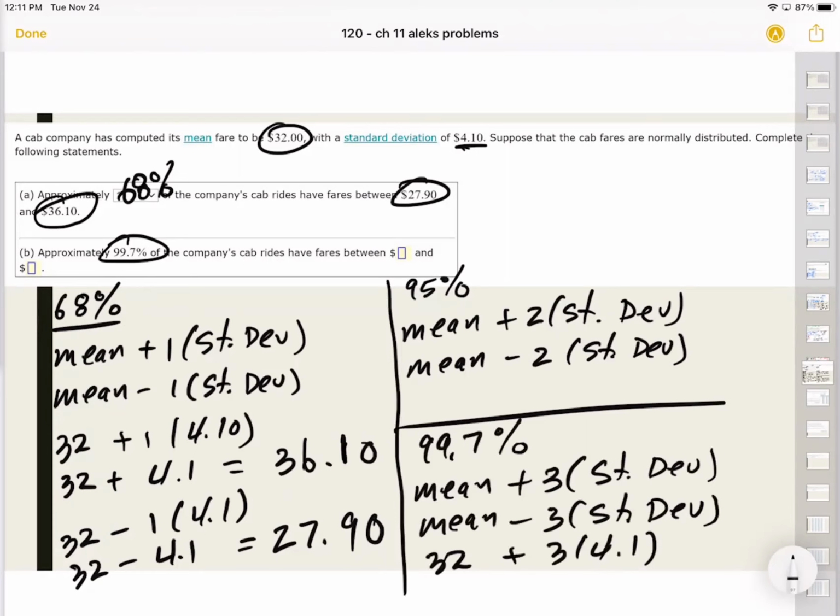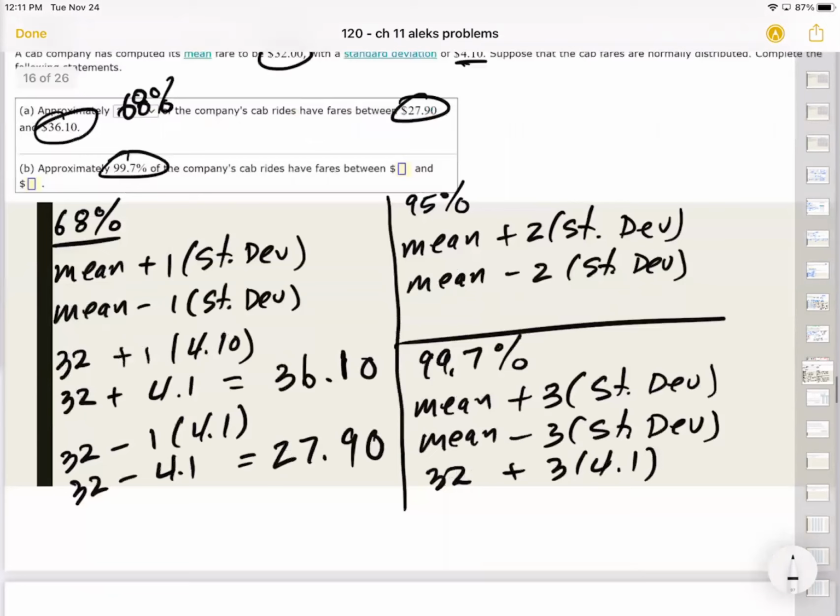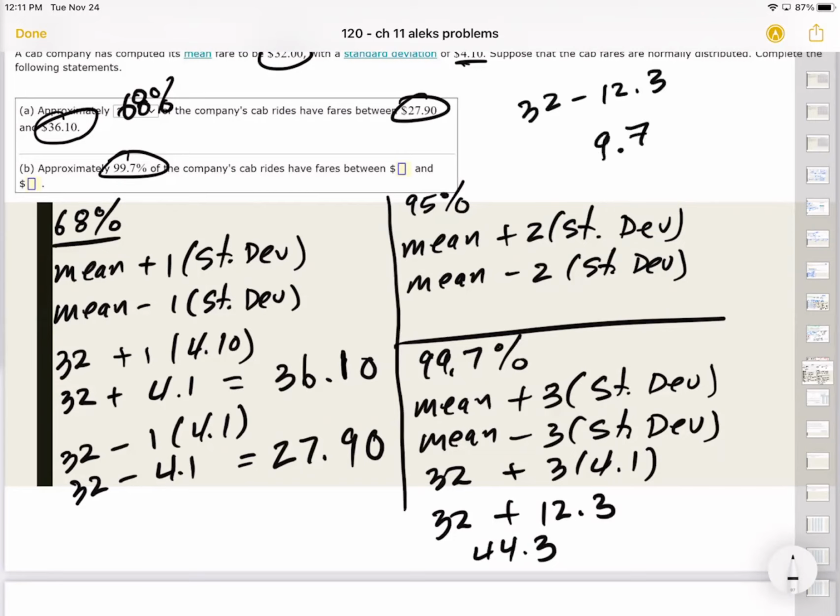So 4.1, you have plus 12.3. And if you add this together, you have 44.3. So that's your upper limit, 44.3. Your lower limit will be 32 minus 12.3. And if you subtract this here, you have 19.7, right? So your lower limit will be 19.7, and the upper number will be 44.3.